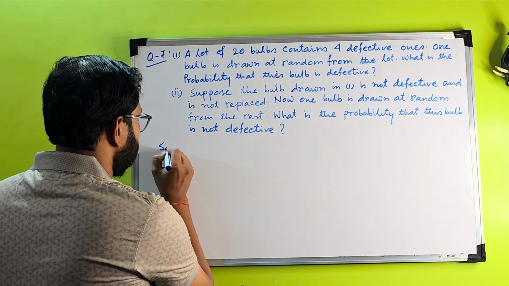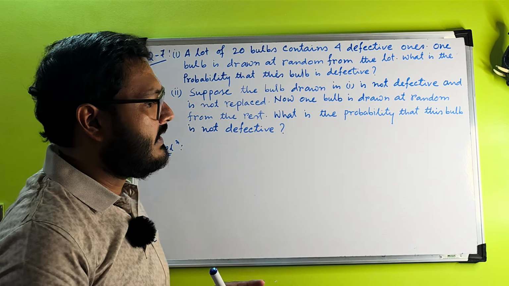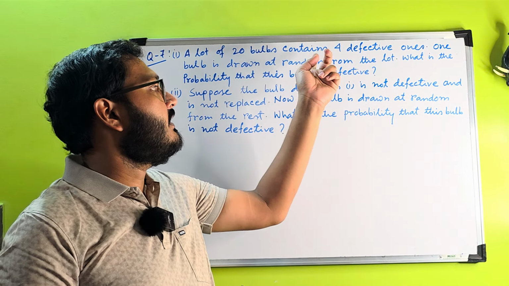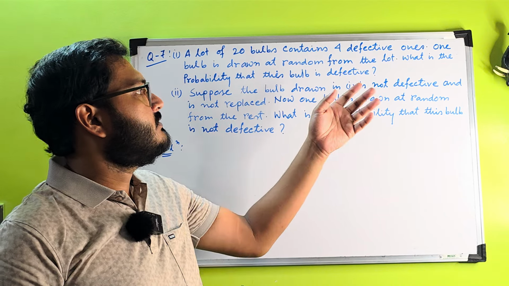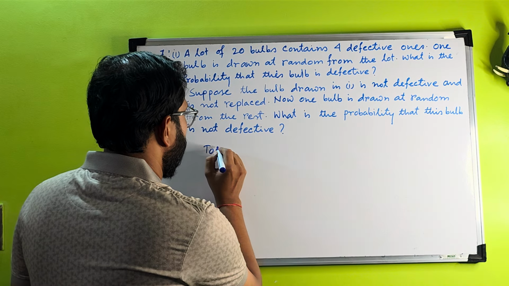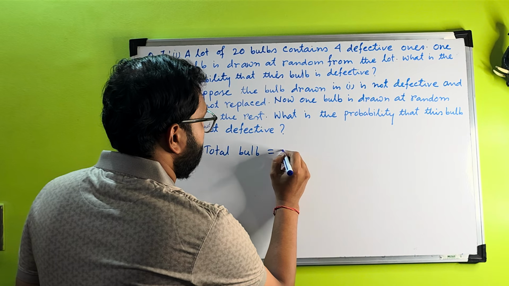Okay, now solution. Acha, what is given? There are 20 bulbs. Out of 20, how many are defective? 4 are defective. So you write total bulb equal to 20.